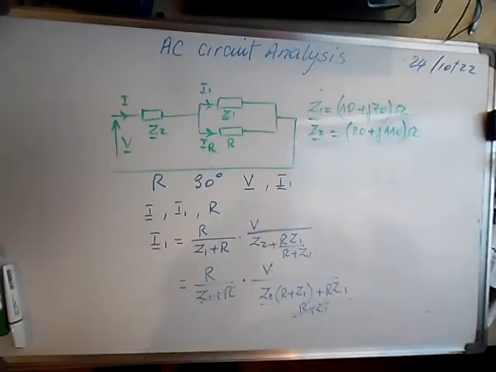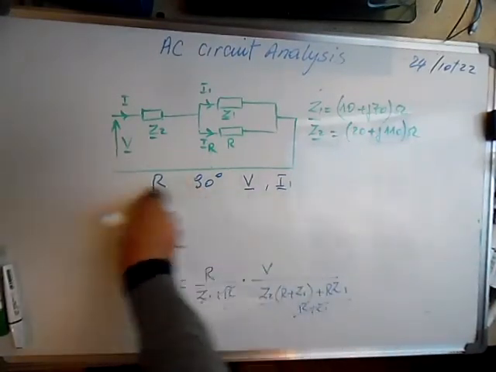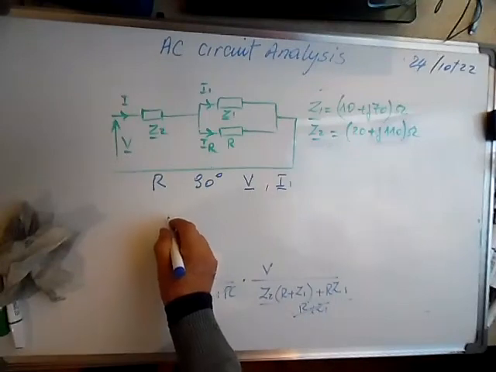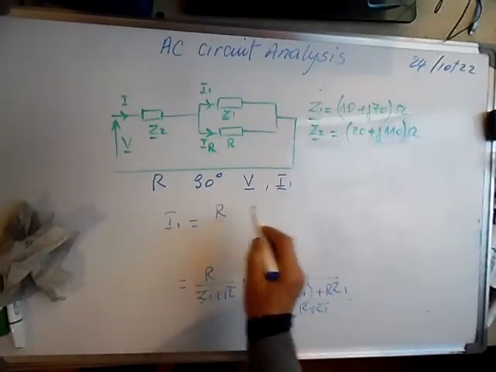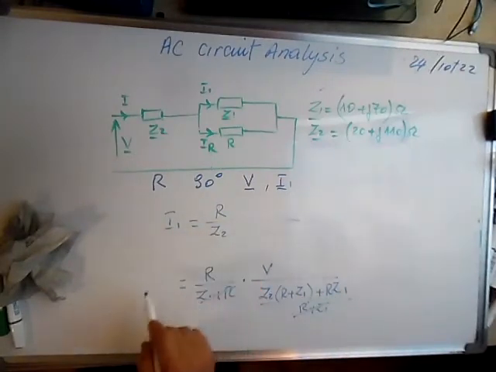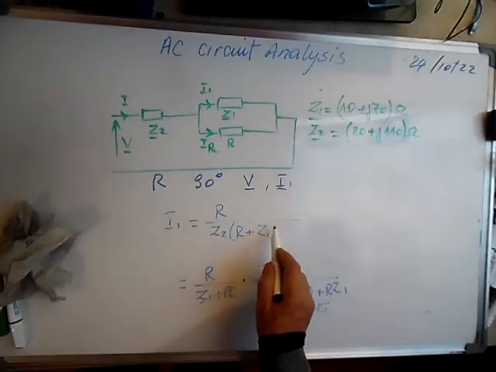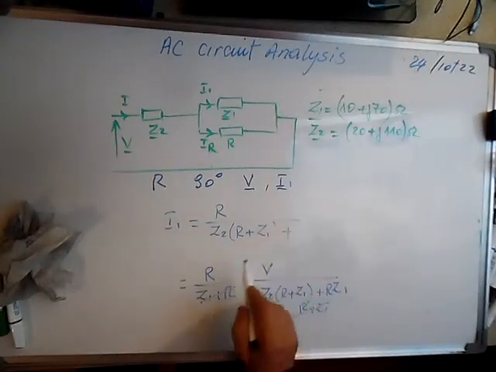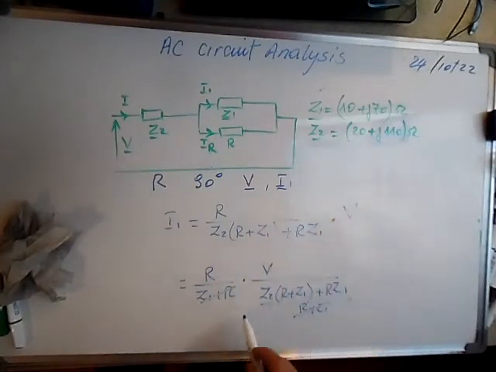We are left with I1 that is equal to, let's say, R over Z2 times R plus Z1 plus R Z1 times V.